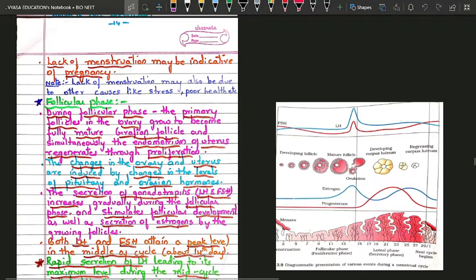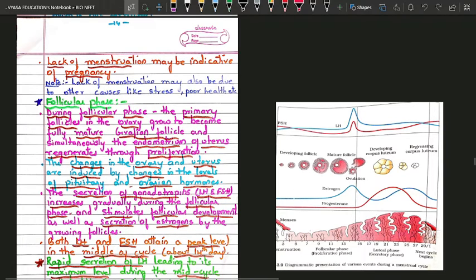The changes in the ovary and uterus are induced by changes in the level of the pituitary and ovarian hormones. This you have to remember. Changes in the ovary and uterus come from pituitary hormones and ovarian hormones.